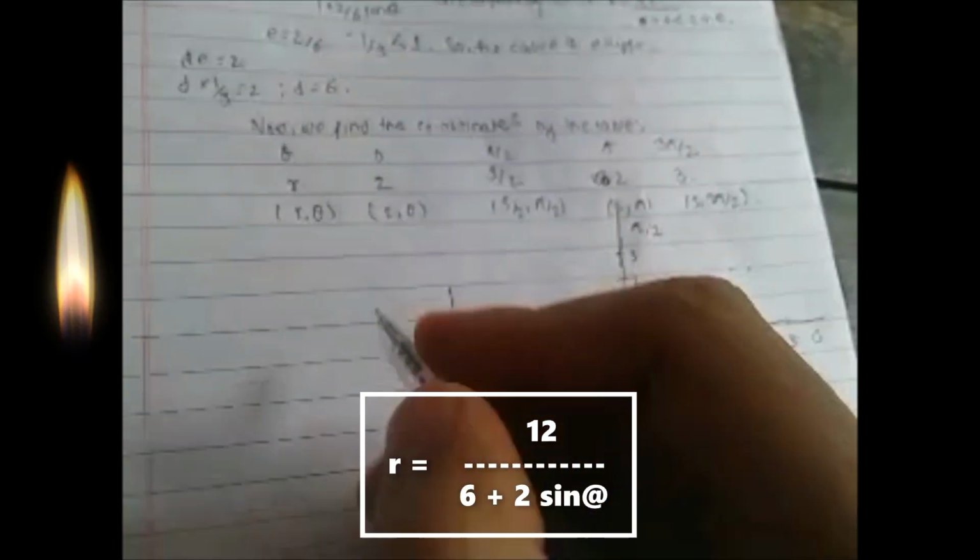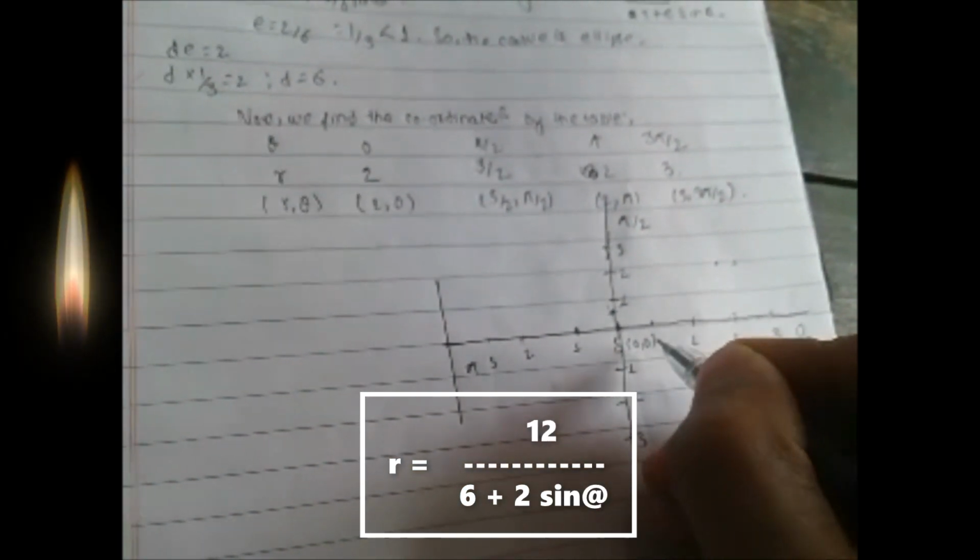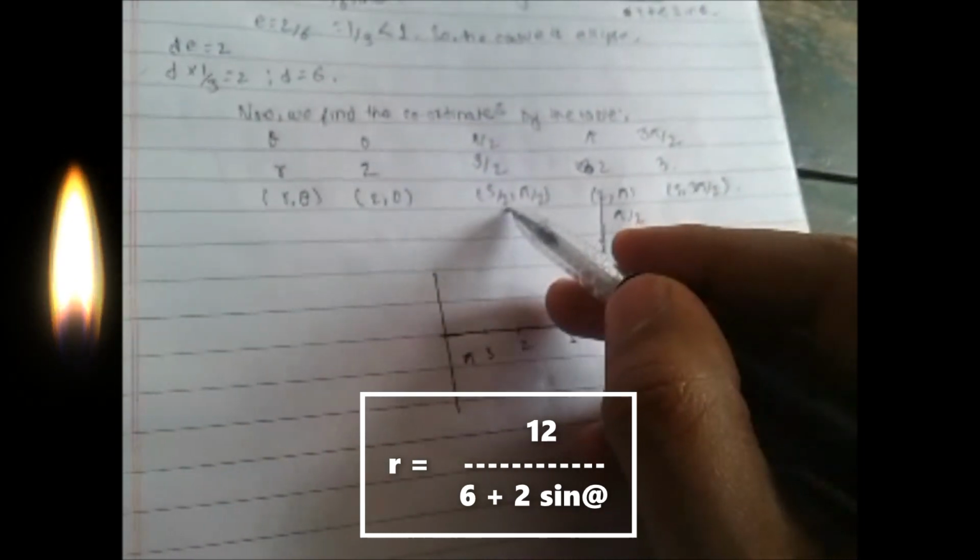At 0, what is our value? At 0 the value is 2. Sorry, this is 1, this is 2, this is 3, this is 4. So this point is 2, 0, and at pi by 2, the value 3 by 2, 1 point something, lies here.